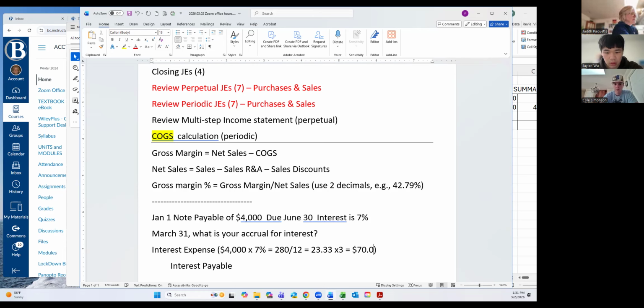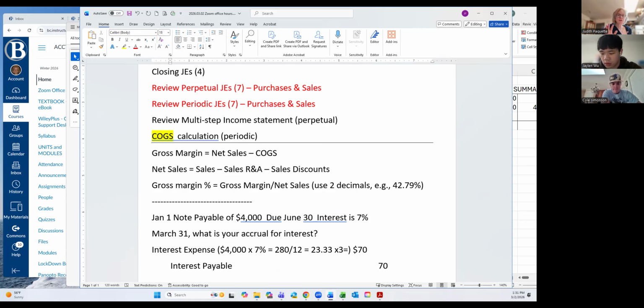They're just noisy. Okay. So you're going to do 70 on interest expense, and then 70 debit, 70 credit. So are you saying for journal entries, just round to the nearest whole number? Correct. Yes, absolutely.